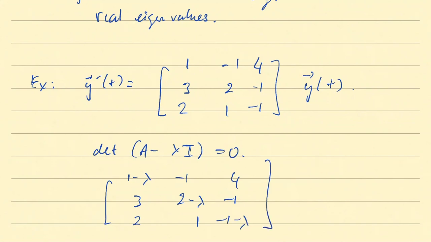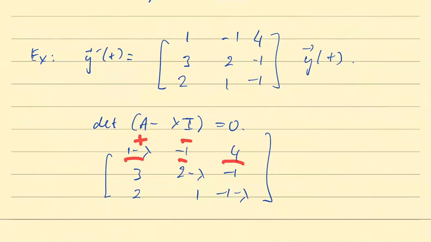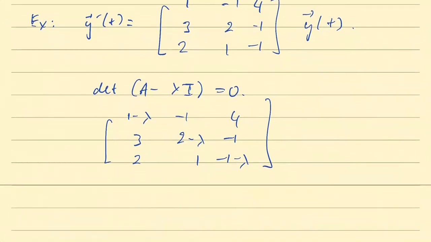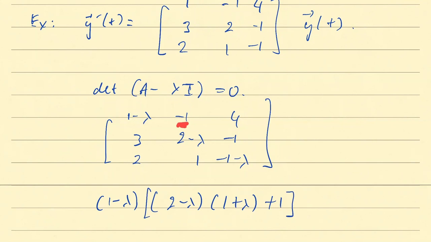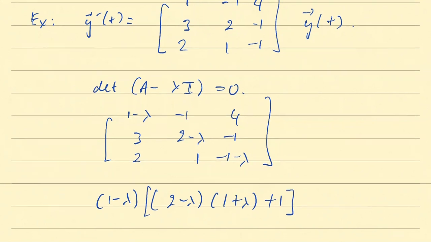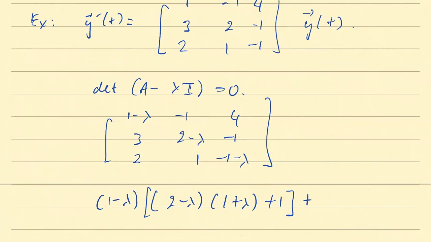So I will just go along the first row, for example. Remember, it's plus minus plus. So that will be 1 minus lambda times 2 minus lambda times minus 1 minus lambda; this is minus 1, so plus 1. Then you get this times this, so that will be 3 times 1 plus lambda.